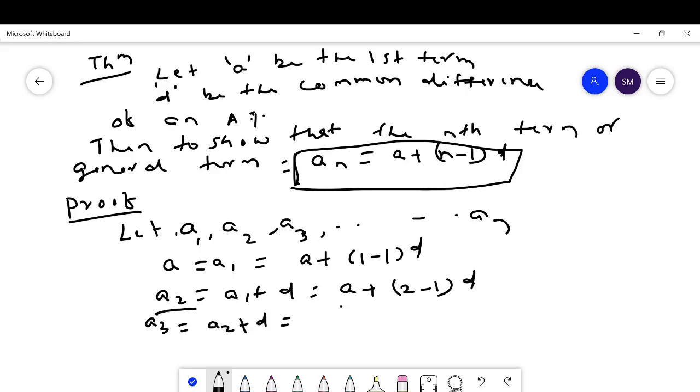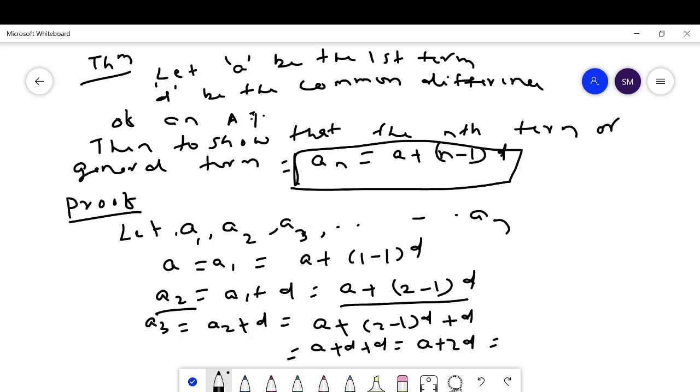In place of A2 I can write a plus 2 minus 1 into d, plus d, which is equal to a plus d plus d, which is equal to a plus 2d. A plus 2d can be written as a plus 3 minus 1 into d.